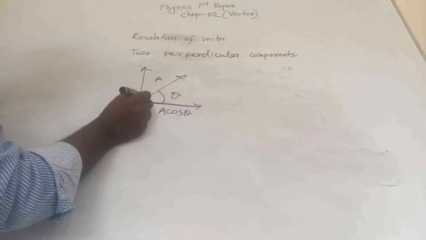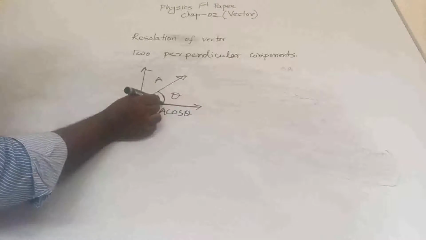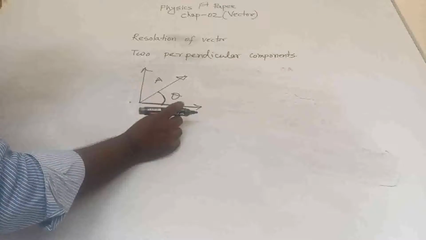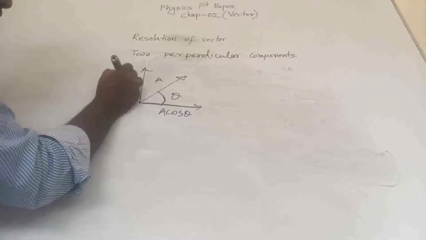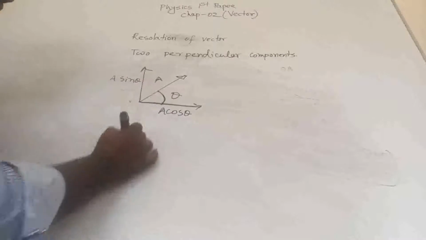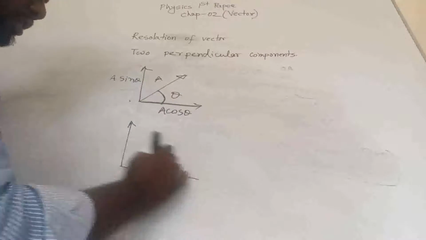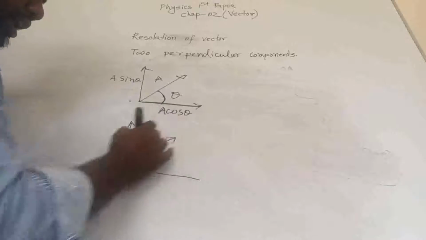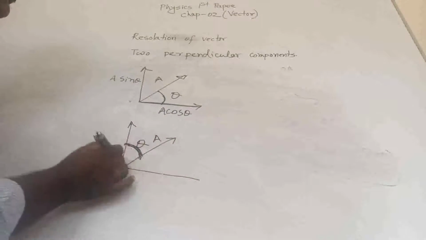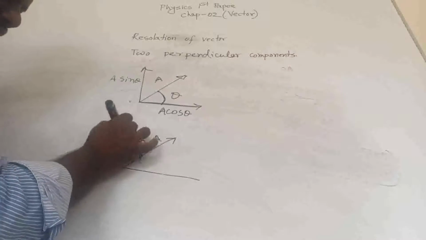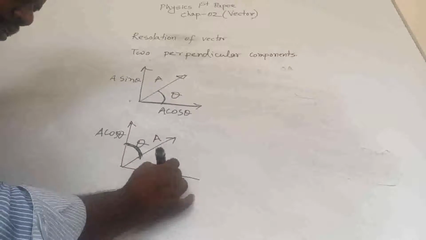That means the component with which the angle is made will be the cos theta component and the other component will be the sin theta. Here, on the other hand, if this one is the vector A and it makes an angle theta with this arm, then it will be A cos theta and this one will be A sin theta.